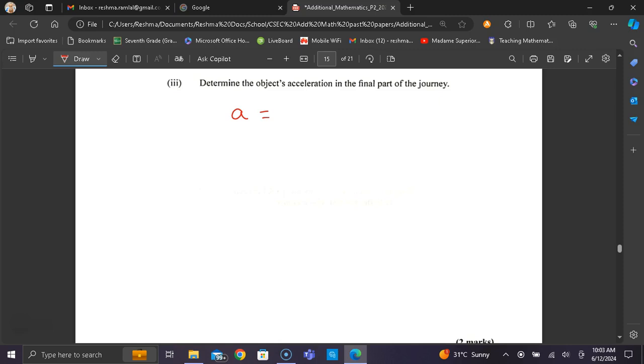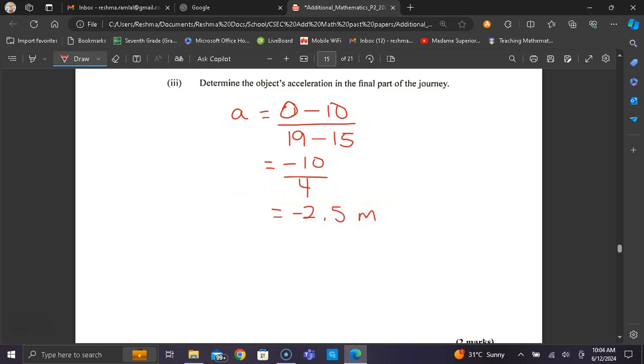The change in velocity is 0 minus 10, which is negative 10. And for the time, it came to rest at 19 seconds, and the velocity was 10 at 15 seconds, so that gives you the 4 seconds there. Negative 10 divided by 4 will be minus 2.5. Remember why the answer is negative: the acceleration is negative because the object is slowing down, and deceleration is negative acceleration.